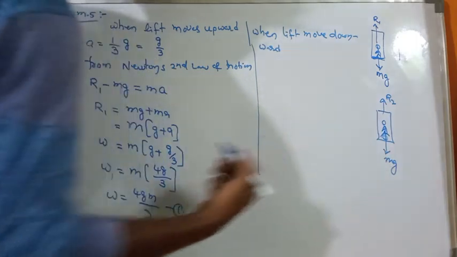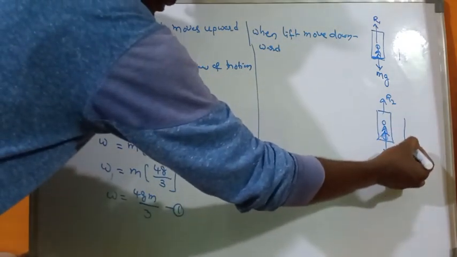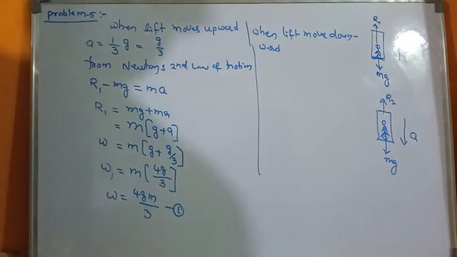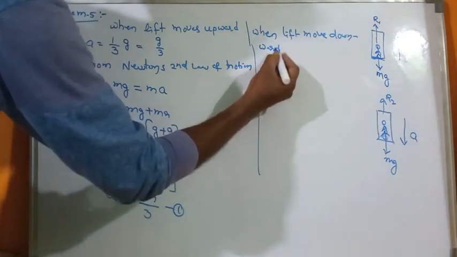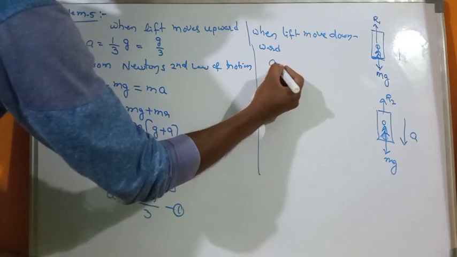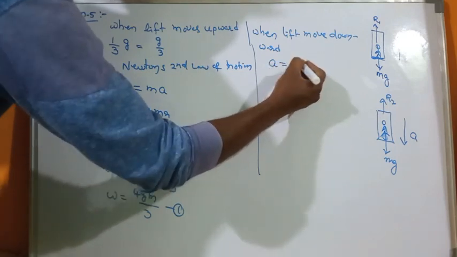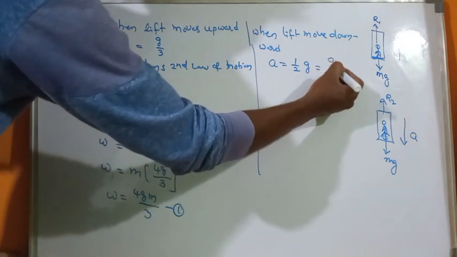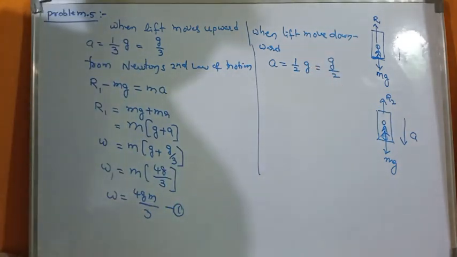Here I am taking R2, and our lift is moving downward, so the resultant acceleration is in the downward direction. The acceleration of the lift is given here as half of the gravitational acceleration, that is g by 2.